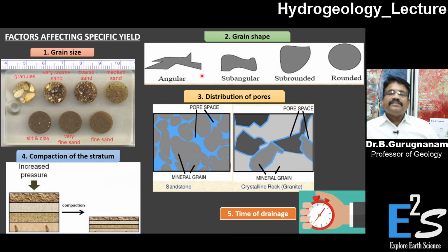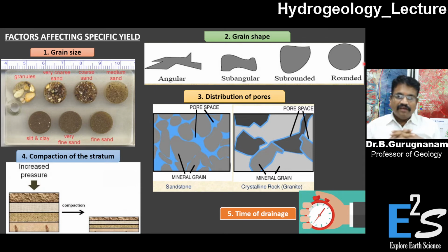If the grains are angular, subangular, subrounded, and rounded, again we have discussed, the grain shape controls, because the grain shape plays a major role when compaction comes. If the compaction comes, irregular grain material will pack together, whereas rounded material, you know there are two arrangements, like cubical arrangement or rhombohedral arrangement.